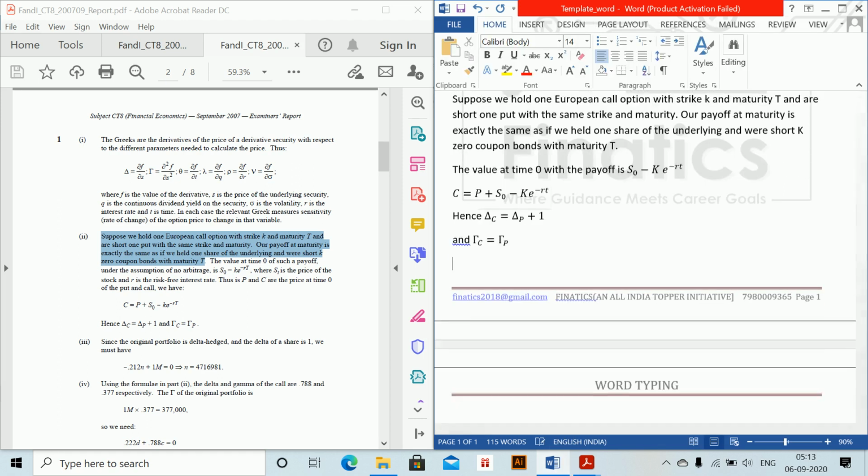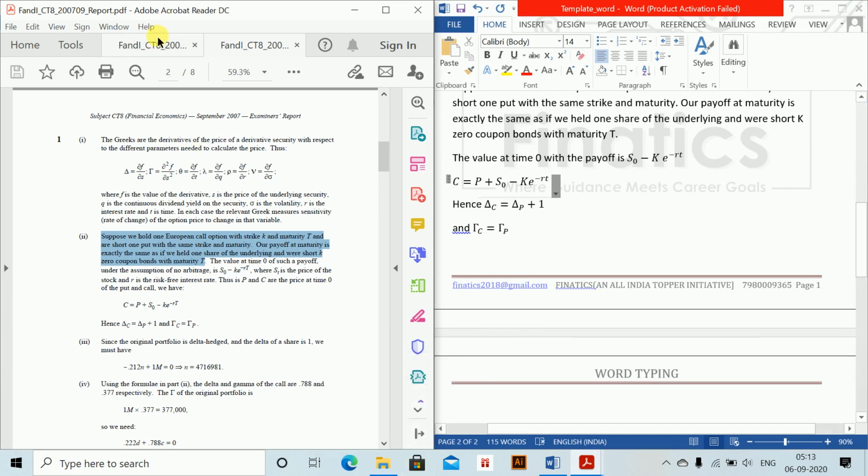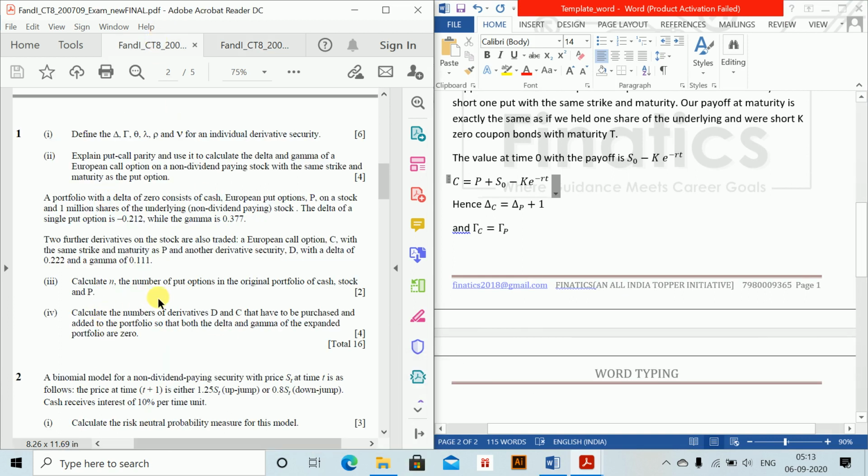Next part, calculate N, the number of put options in the original portfolio of cash, stock and put options. This is put-call parity, which we have done.